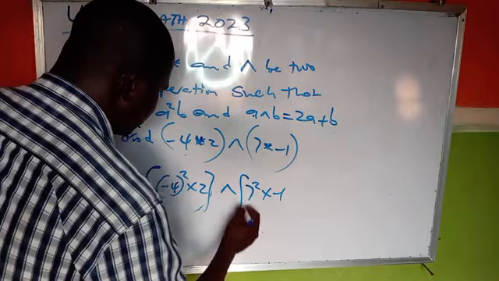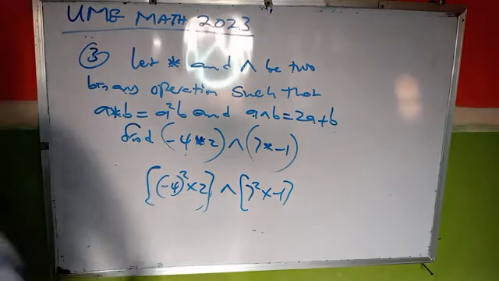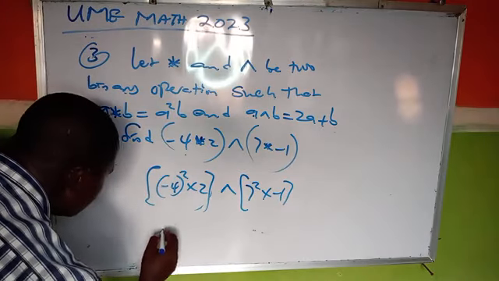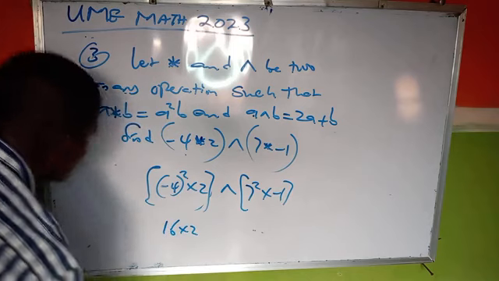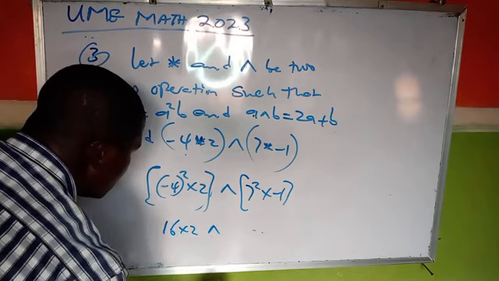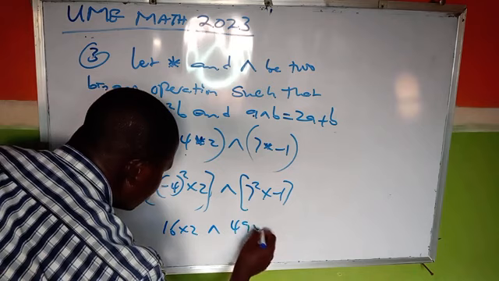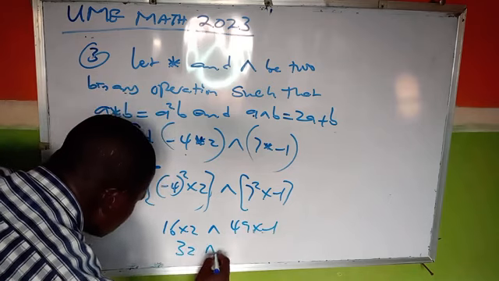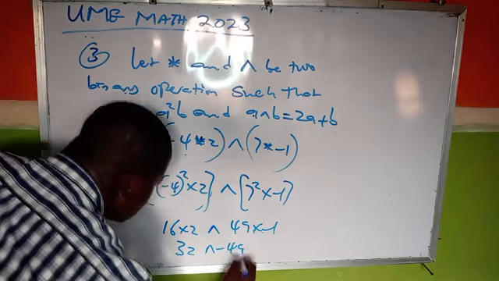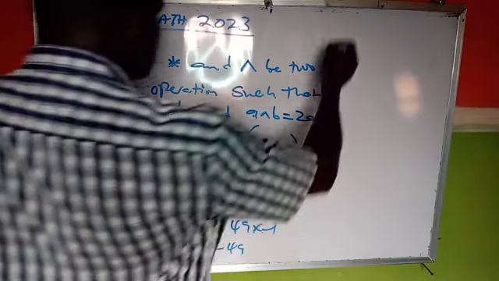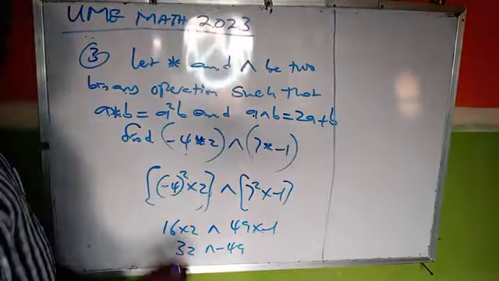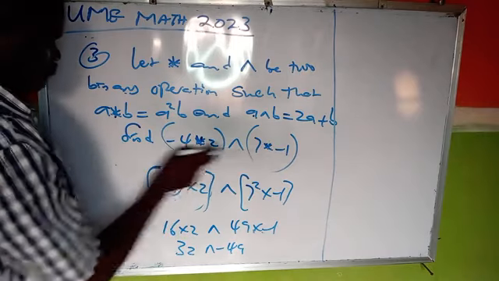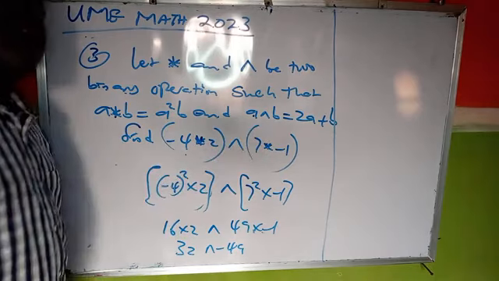This one will serve as your B. So here, this one will give you 16 times 2, and this 49 times minus 1. So what do you have here? 32 minus 49. So for this one, you've done this one. So it's the one that now formed this.